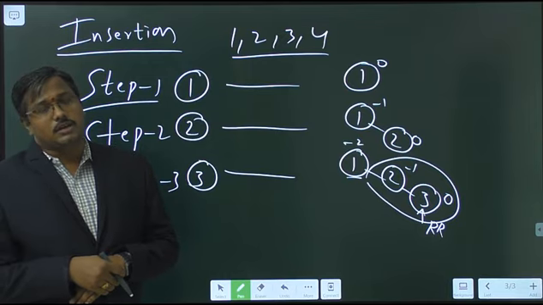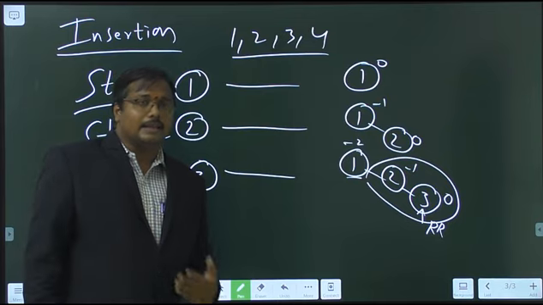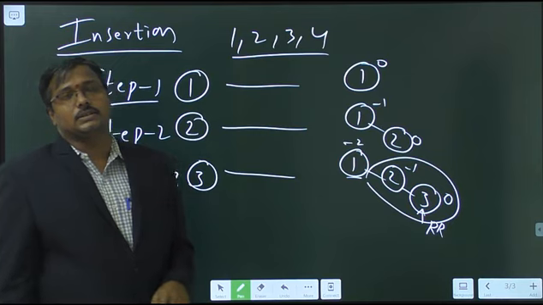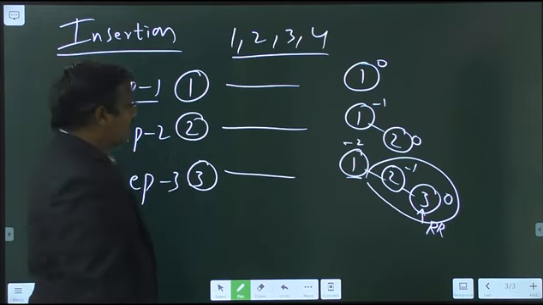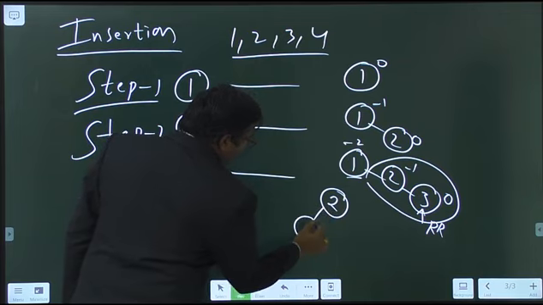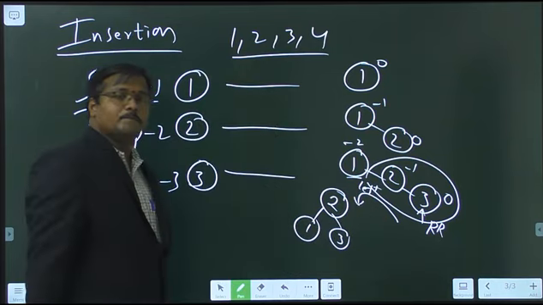So RR is a single rotation case. In that case, we just move towards the left direction one time. That means the resultant tree is 2, 1, 3. We are rotating the tree like this, left direction once.